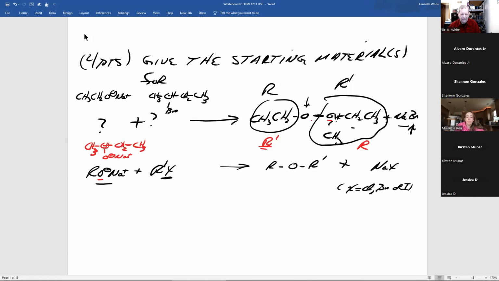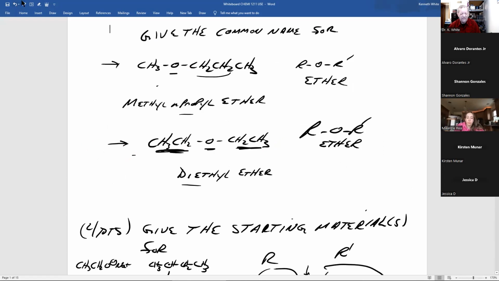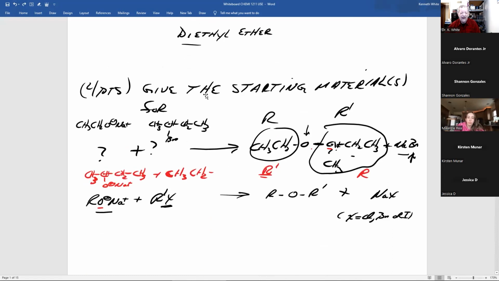And R prime is an ethyl. And it will have the halogen bromine. And the question is, which is correct, A or B? And the answer is either one for this class. If you're doing a synthesis, you could do either one.